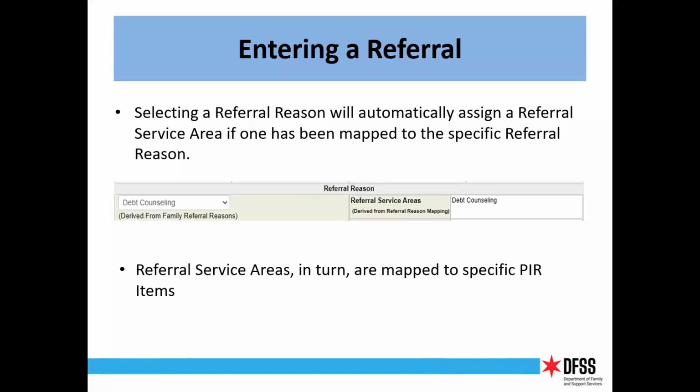They're just based on the mapping that came from the reason. So if you have a reason that you believe should be mapped somewhere, but it's not in the system, you have to let us know. I can add that to the menu if there is a new type of service that you feel you should be able to count. And it is these referral service areas that are mapped to specific PIR items.